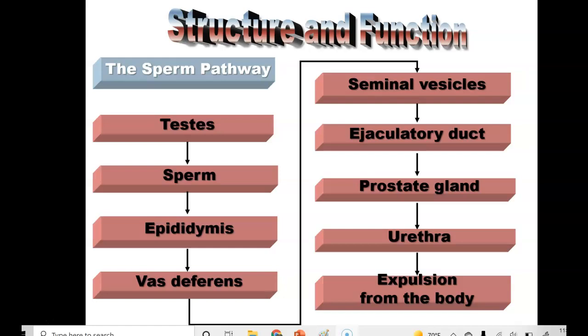The bulbourethral gland, which is between the prostate gland and the urethra, would submit fluid, then the urethra, and then out of the body through the penis. And those tissues involved in the penis would lead to an erection, which would facilitate that expulsion. So that is the anatomy involved in the male reproductive system. The next lecture video will talk specifically about how sperm forms.